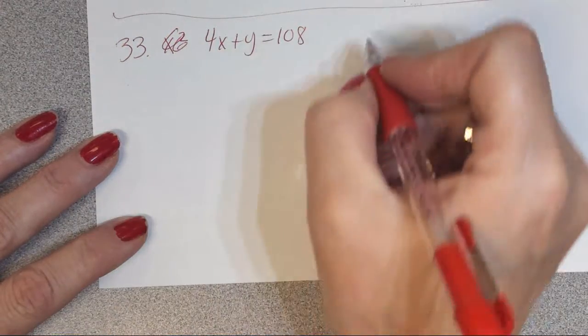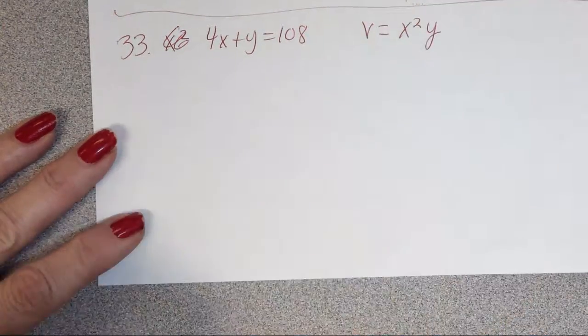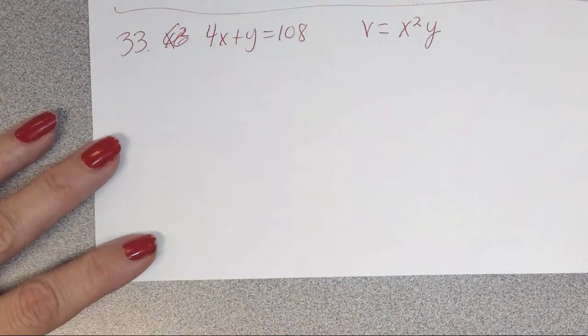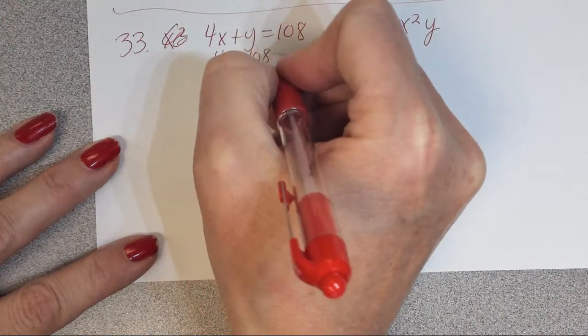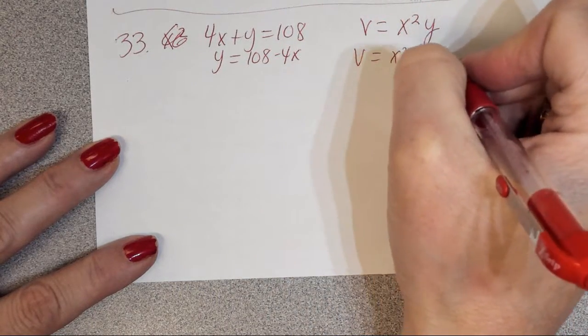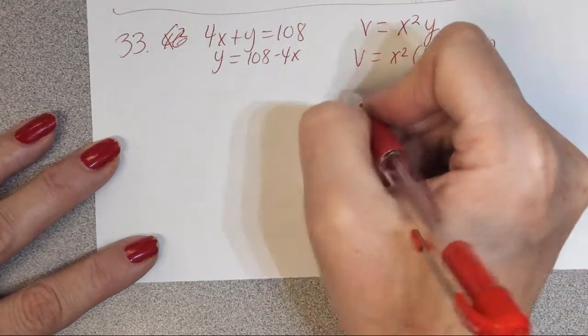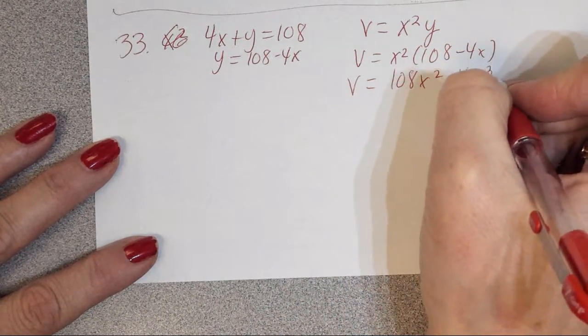We are trying to maximize the volume. Here's our volume. Area of the base times the height. What am I going to do? Find y. So y is going to have to be 108 minus 4x. Substitute it in. So then v is going to be 108x squared minus 4x cubed.